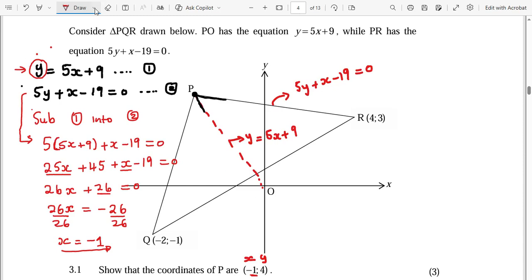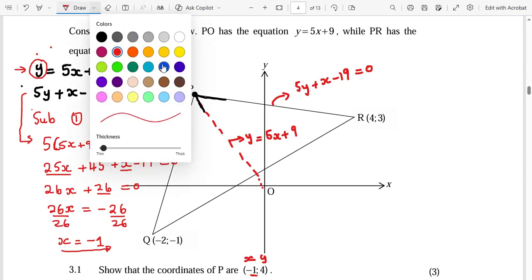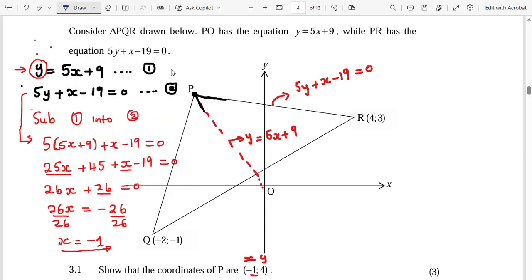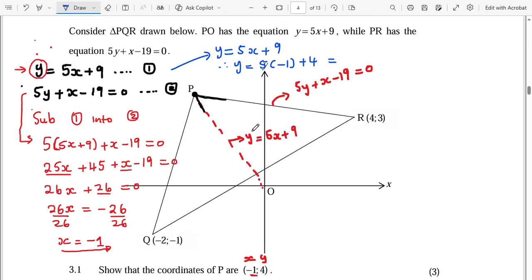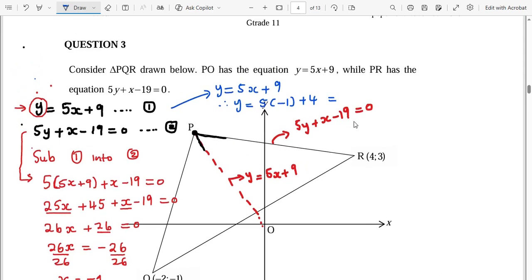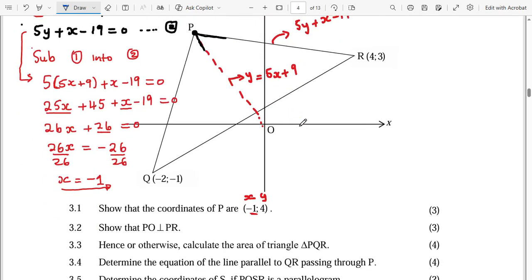You don't have to stress about the y value because you already know that y equals 5x plus 9. Already we know the value of x. So where there's x, we can substitute that minus 1, and when you punch that on the calculator, it should give you 4. So that's 5 times minus 1, that's minus 5.